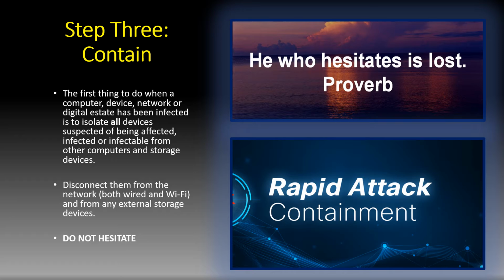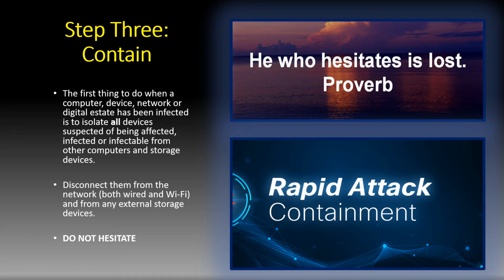Following identification of a malicious attack, the first thing to do when a computer, device, network, or digital estate has been infected is to isolate all devices suspected of being affected, infected, or infectable from other computers and storage devices.